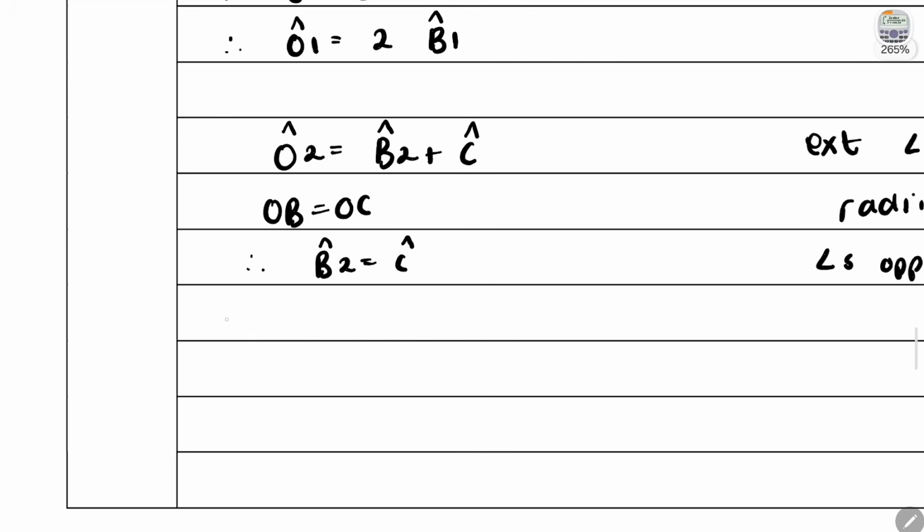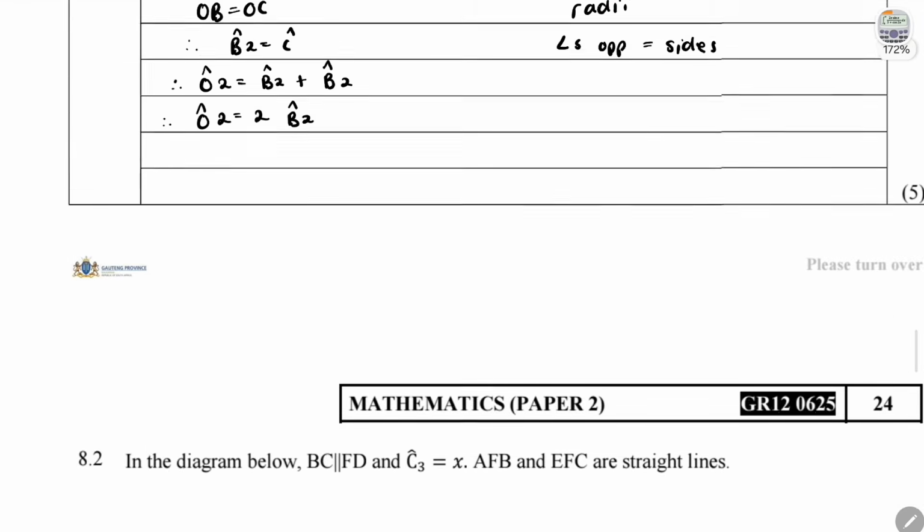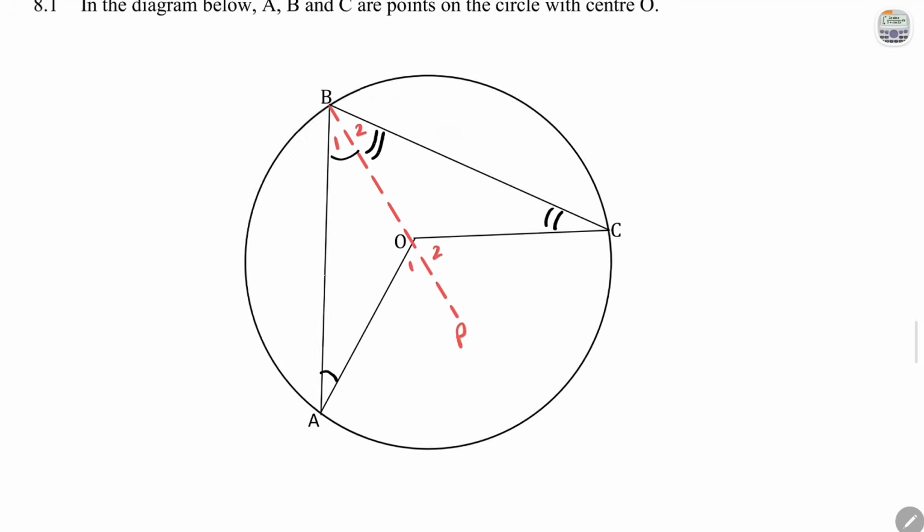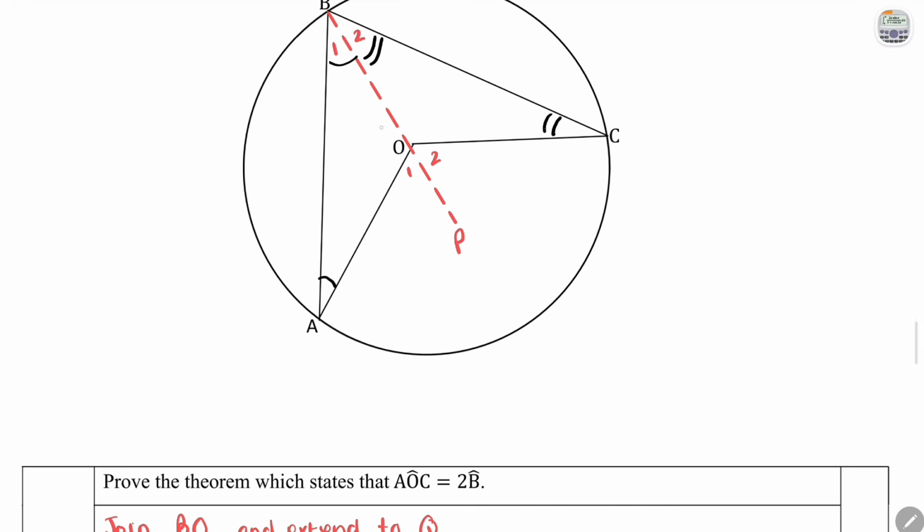Okay, and now we can update our equation. So it means that angle O2 is finally equal to angle B2, and again we're going to change that to angle B2, keeping the focus on angle B. So angle O2 is equal to 2 angle B2. Now notice with what they asked us to prove, we have angle AOC, okay, which is this angle over here, AOC.